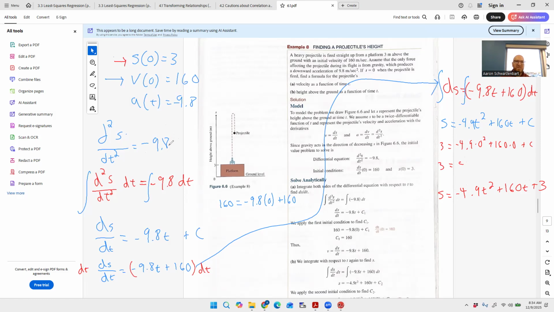If you know the acceleration and it is a constant, we can just derive it in general and you'll get basically this.